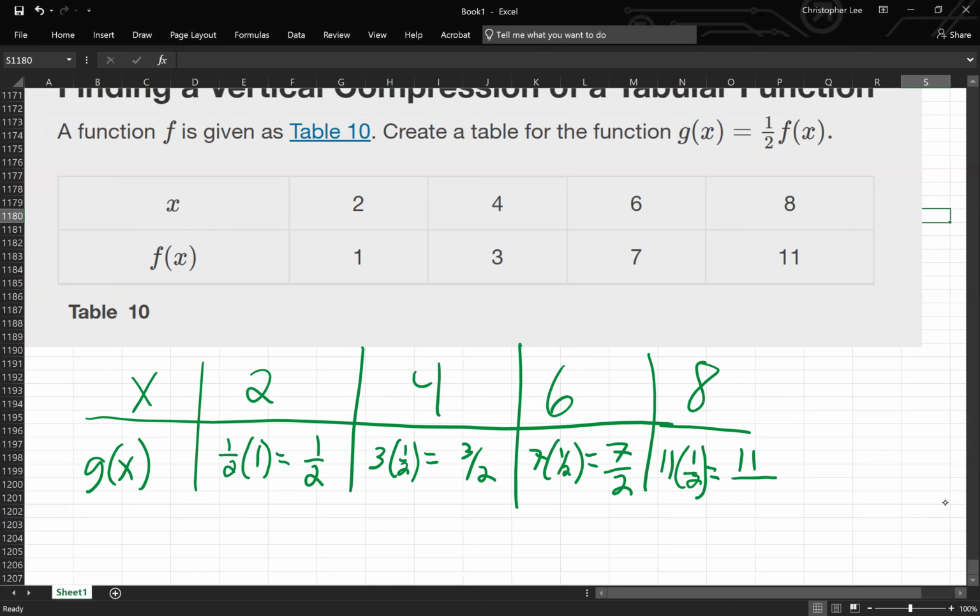Call that 11/2. Yeah. 1 times 1/2, just multiplying them, that's all. So this graph is squished.